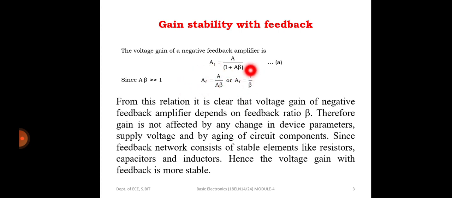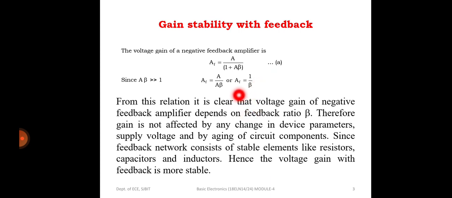When we look into this relation, it says that the voltage gain of a negative feedback amplifier depends entirely on the feedback factor beta. Therefore, the gain is not affected by any change in device parameters.